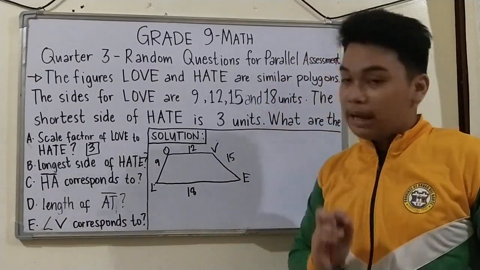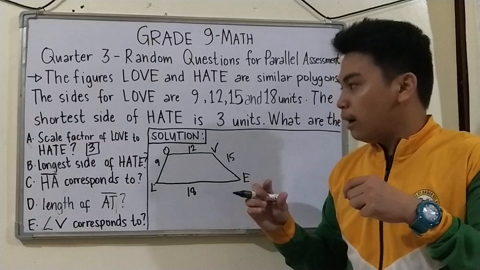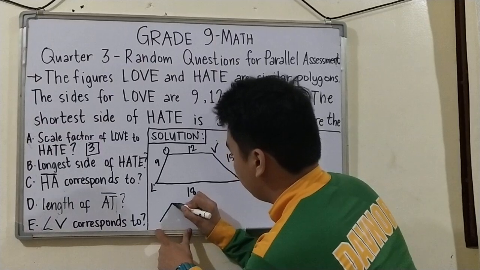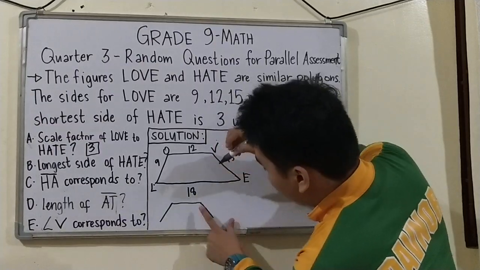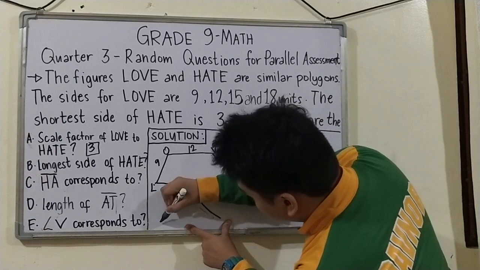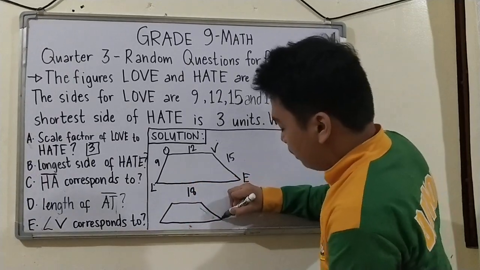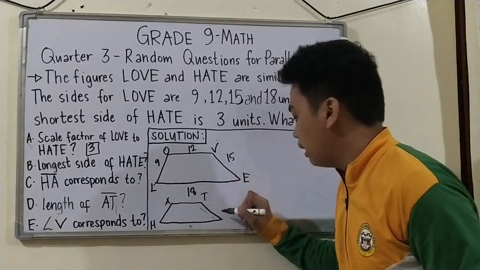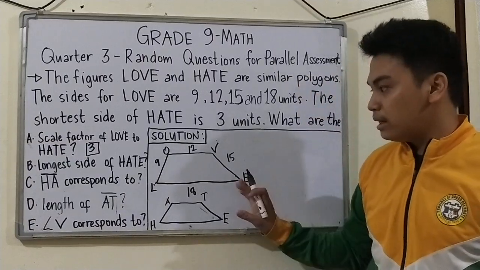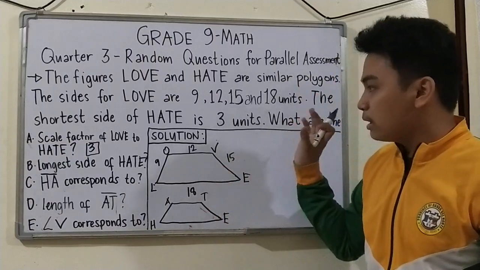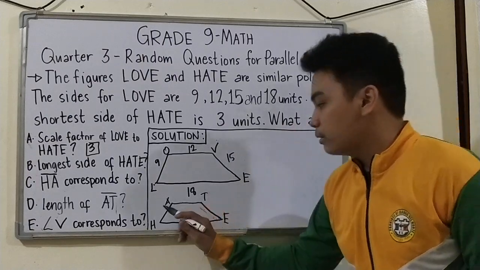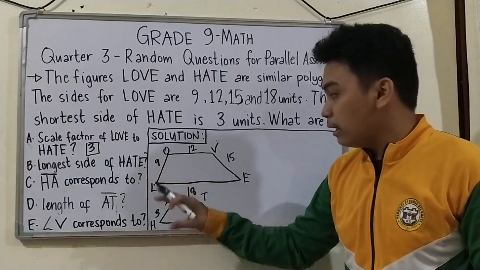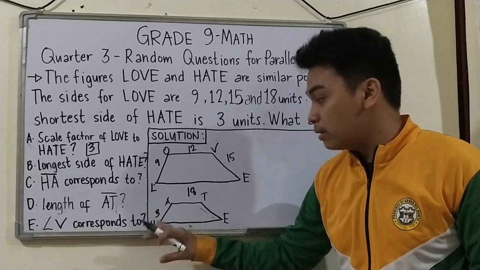For the polygon hate, since hate is smaller compared to love, we have here the polygon hate: H, A, T, and E. Assuming that this is the figure, since the shortest side of hate is 3, that is equal to 3, because 9 corresponds to 3, or LO corresponds to HA.